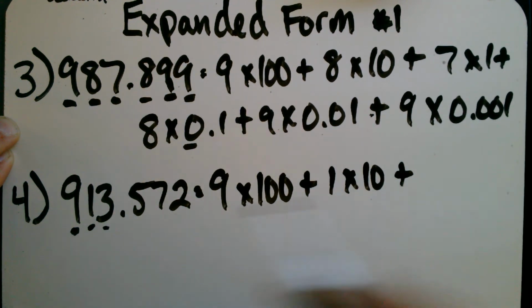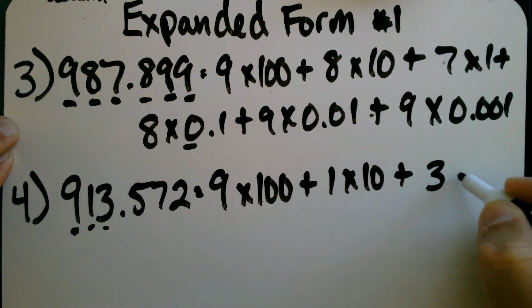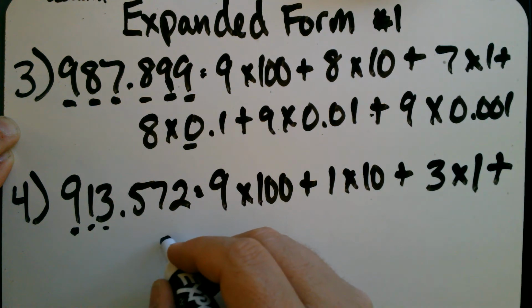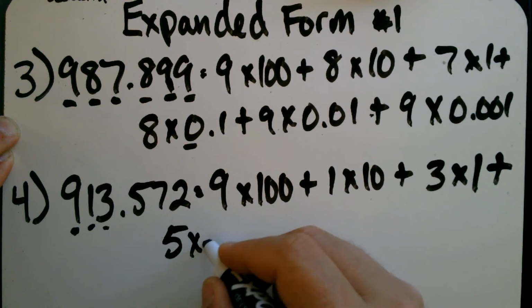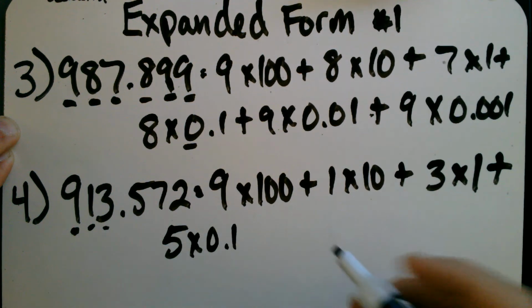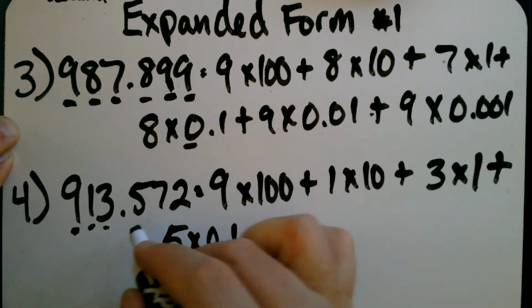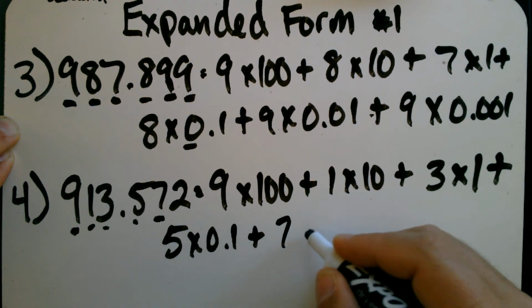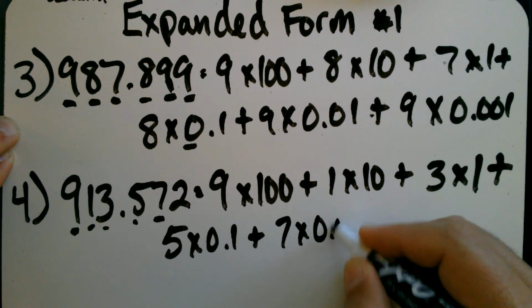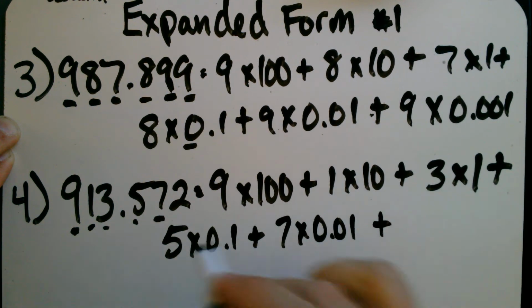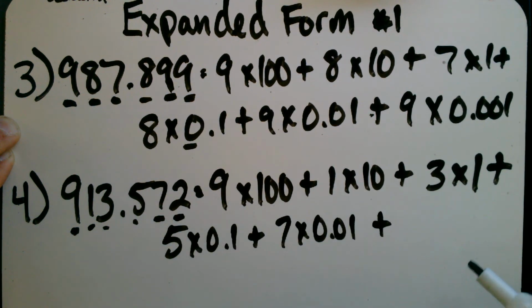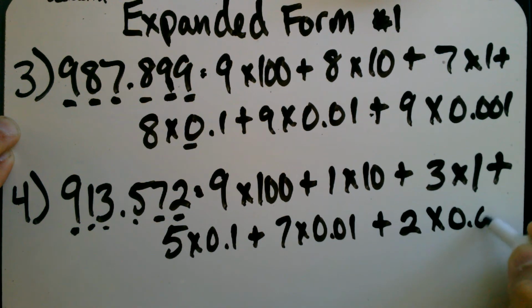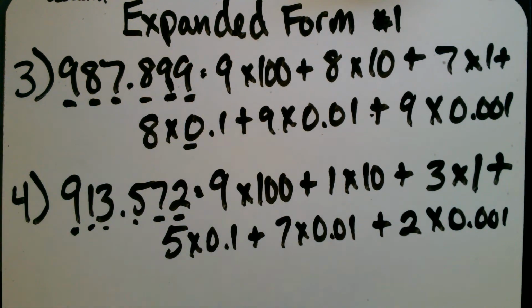And then 3 in my ones place, 3 times 1. 5 in my tenths place, so 5 times 1/10. Then 7 in my hundredths place, 7 times 1/100th. And then finally a 2 in my thousandths place, 2 times 1/1,000th.